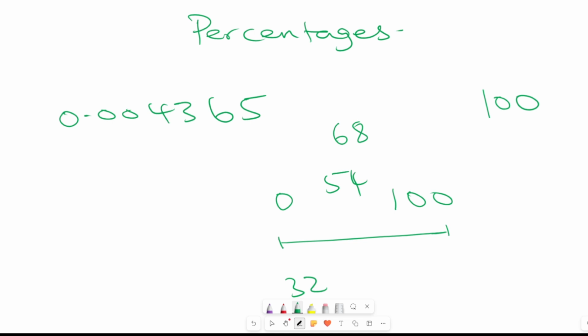But when I convert this to percentage, they will simply say someone contributed 2.5% of the total revenue of the community. That makes it very easy for me to put in perspective. And that is the essence of percentages.